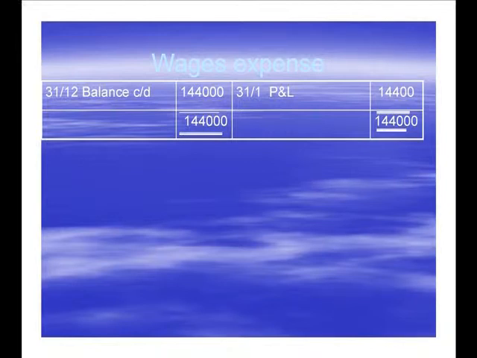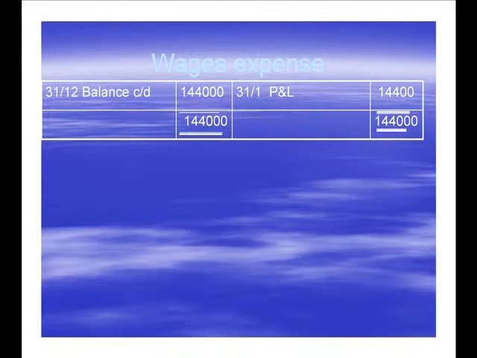Right? I cannot give you all the transactions in this small piece of paper, so what I did was this: the annual total is taken and recorded in the account, in all the accounts in this note. So balance 144,000 means this is the total for the whole year, starting from January to December.